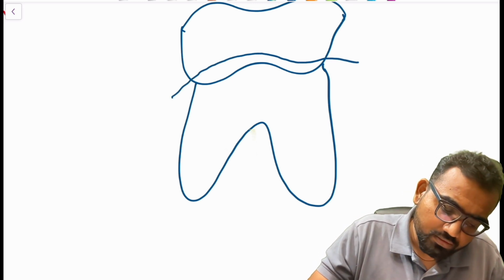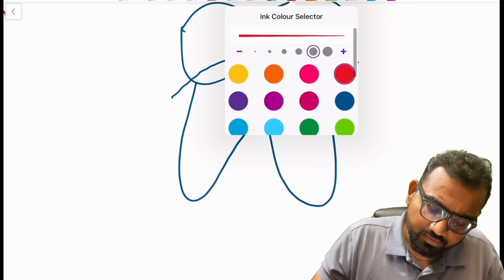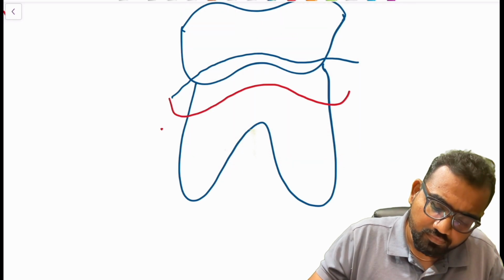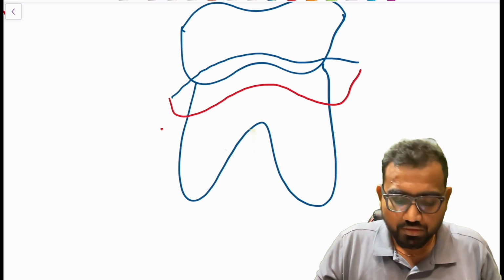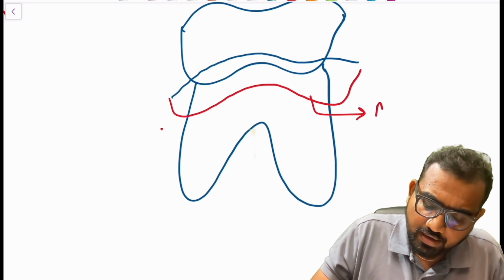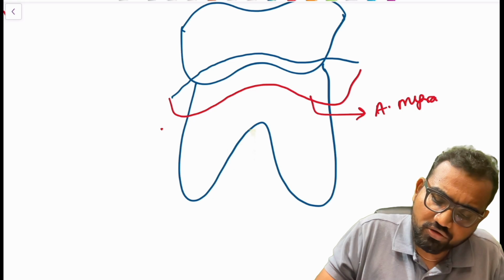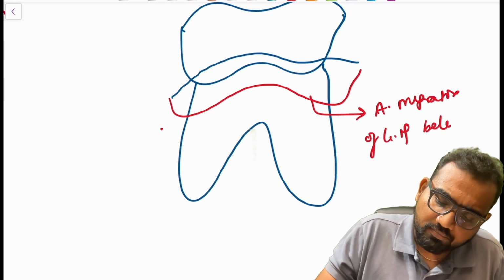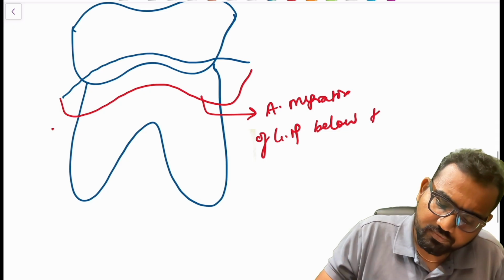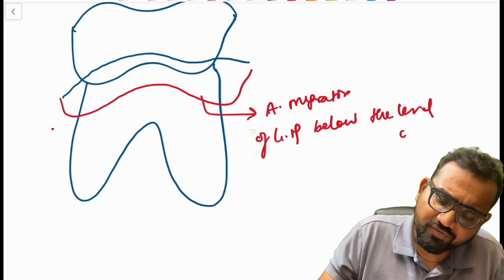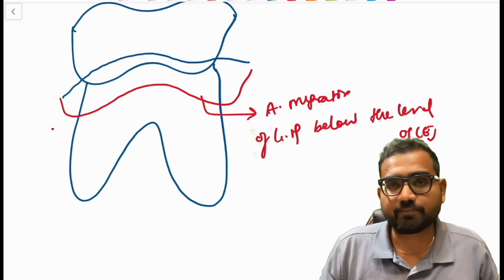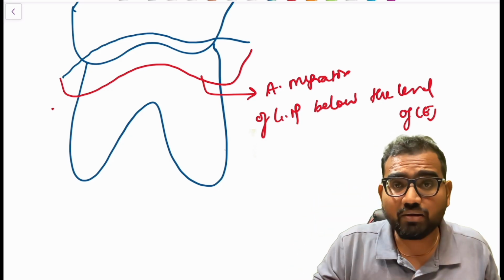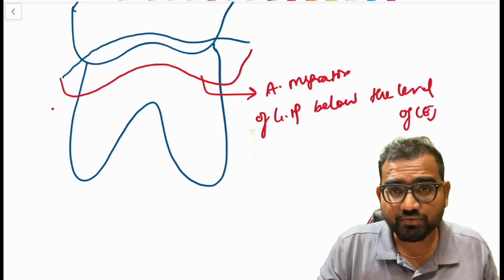In case of a recession patient, the marginal gingiva will be like this. So what is this? Apical migration of gingival margin below the level of CEJ. Every word is important. Okay, so the apical migration of the gingival margin below the CEJ is recession.